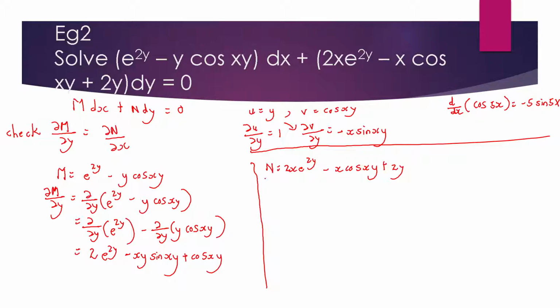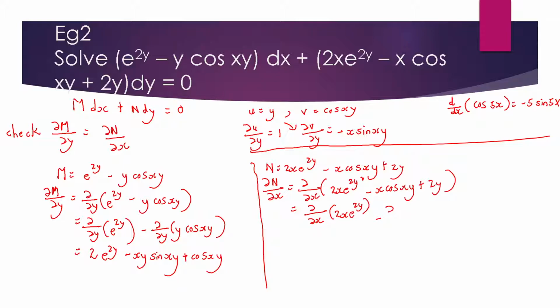So for the coefficient of dy, we'll differentiate with respect to x. So this is del n del x. So we del x each term. So del x 2x exponent 2y, minus del x x cos xy, plus del x 2y.